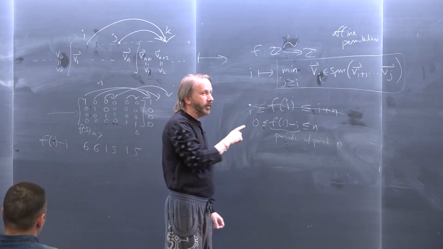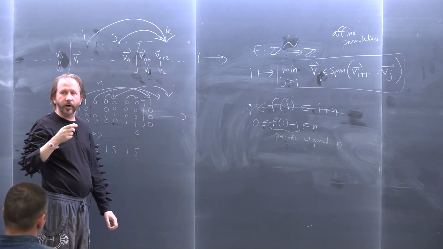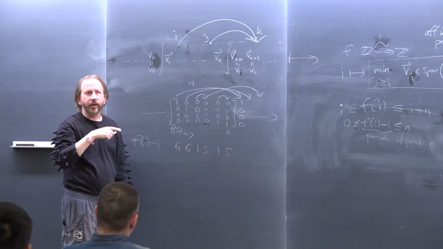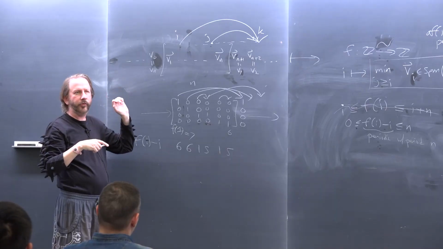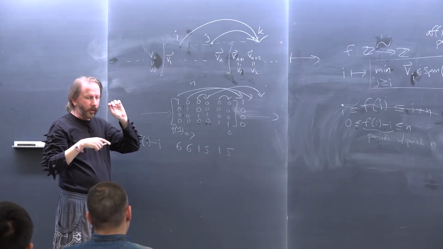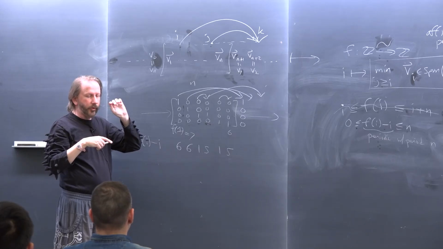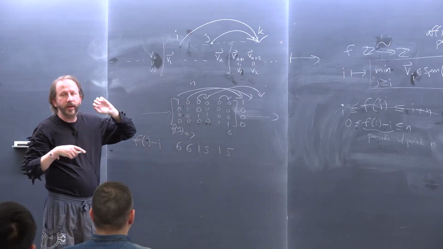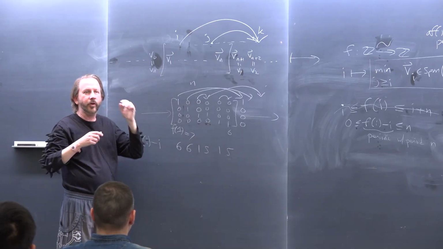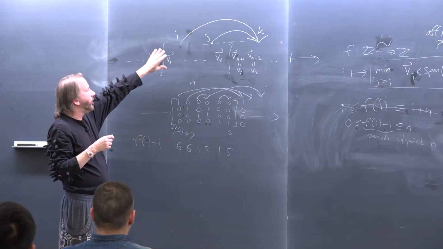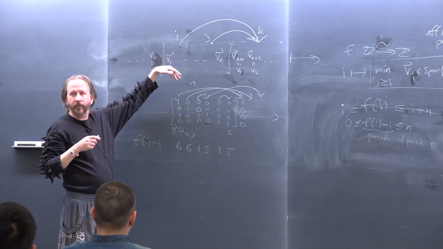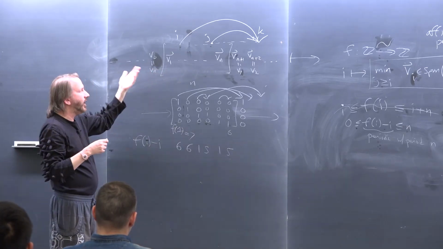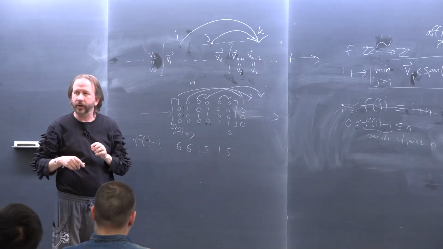Okay, there's one more condition that f needs to satisfy, and I'm going to state that as a theorem. When you think about k by n matrices, and particularly you think about them up to row operations, it's a little weird to allow even the 0 matrix to be in there at the same time as a generic matrix, because what's really nice is to consider the row span of that matrix, and that will typically be some k-dimensional subspace, assuming k is less than n, which I'd like to assume.